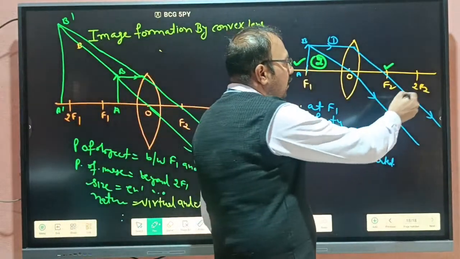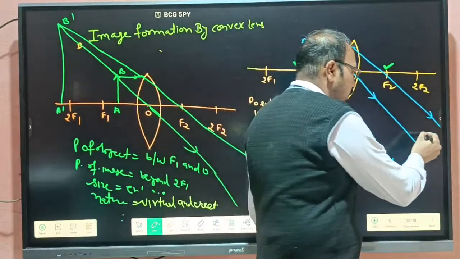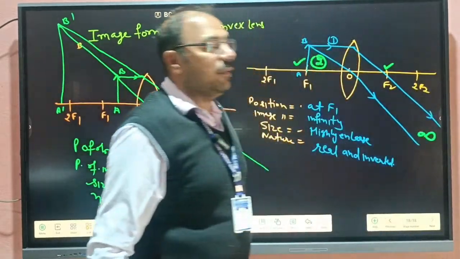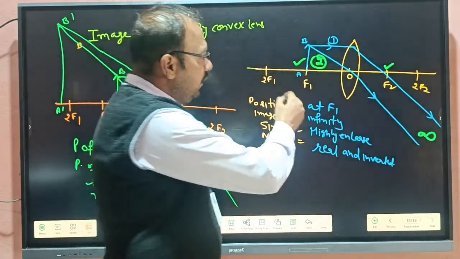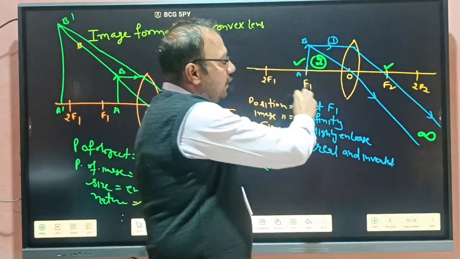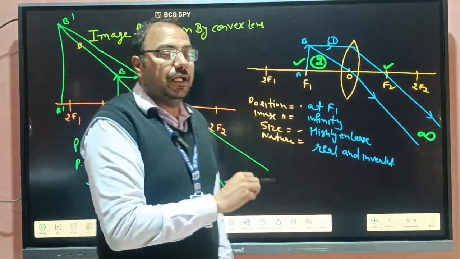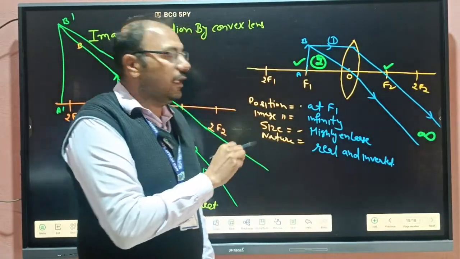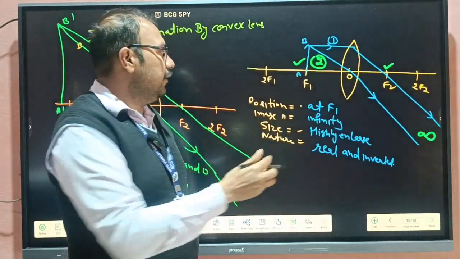These two rays are parallel, and they cut at infinity. So the image forms at infinity, and it is real and inverted.